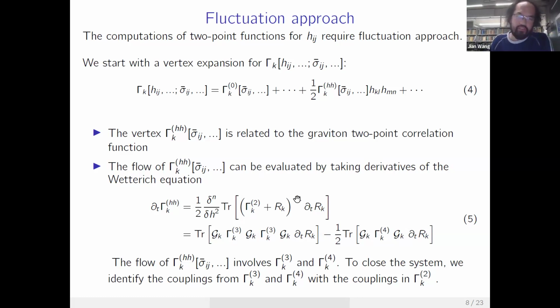To evaluate the flow of this correlation function, we can take the functional derivative of both sides of the Wetterich equation. For the left-hand side of the Wetterich equation, after we take the second-order functional derivative, we will have the scale derivative of the graviton two-point function.